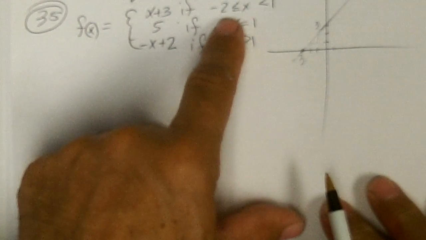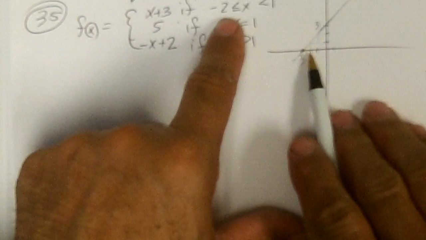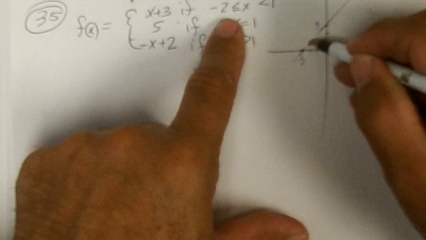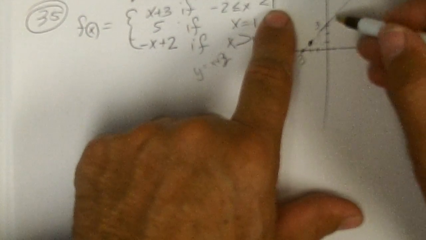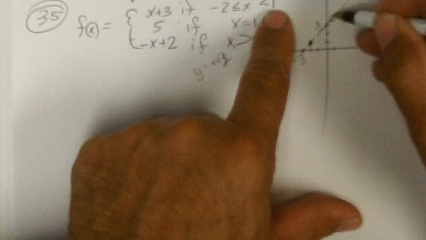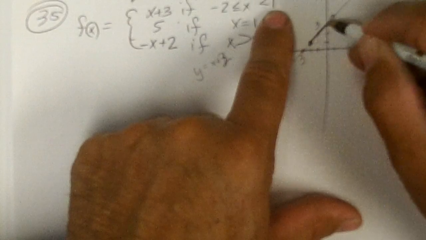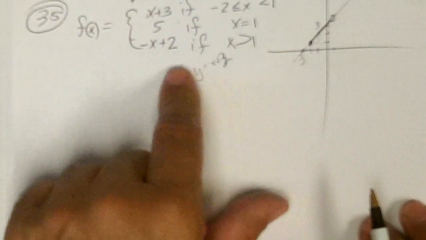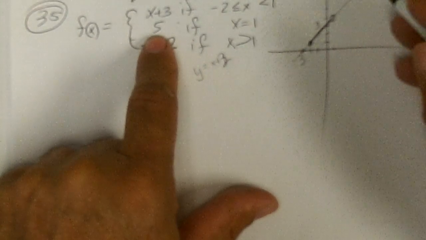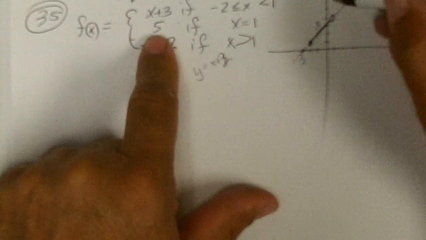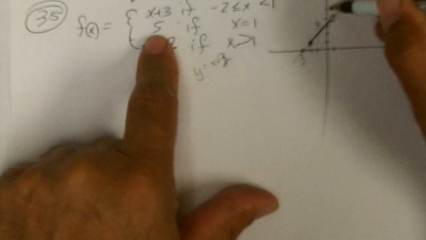But I only draw this from x equal to negative 2. So that's really right there. Until x gets up to 1 and not including, so I draw just this piece, not there. Then that's 4, and then at 5 at x equal 1, so I put a dot at 5.